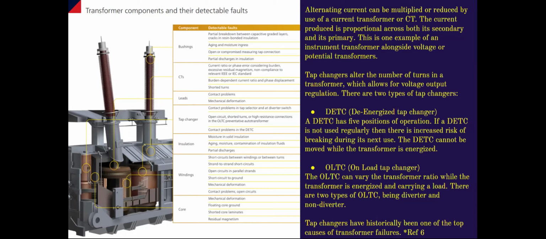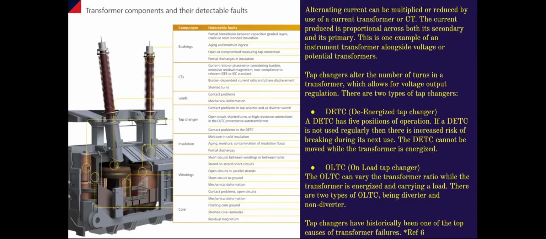And then the windings themselves, those are very, very important. If they short between each other, you're going to have major issues. A single strand to strand short circuit can occur, which isn't as major as if the full winding makes full contact, but it's still enough to cause issues in the circuit, to cause an unbalanced system. And of course, open circuits and parallel strands, short circuits to ground, mechanical deformation typically due to heat.